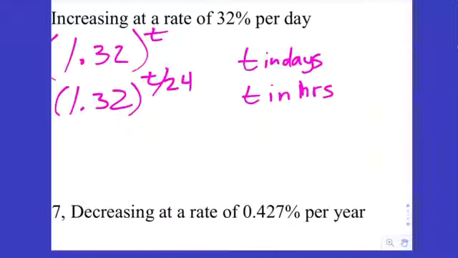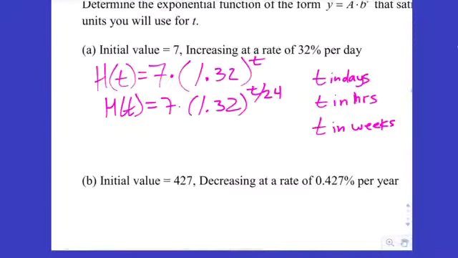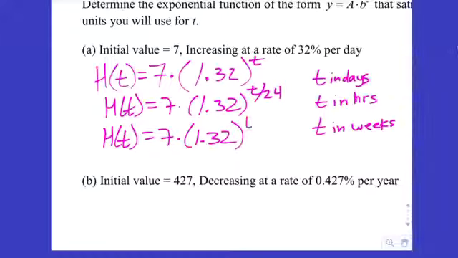All right, let's go the other direction now. What if I want t to be measured in weeks? Well, I'll have h of t. The initial value is still 7. The base is still 1.32, the growth factor. And now it'll be t divided by 1 day, which is how many weeks? 1/7.